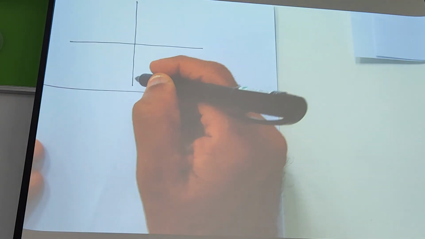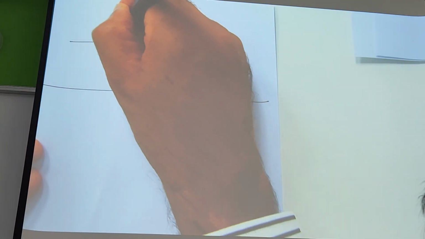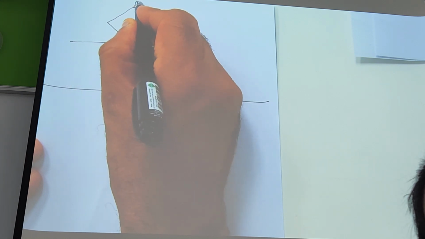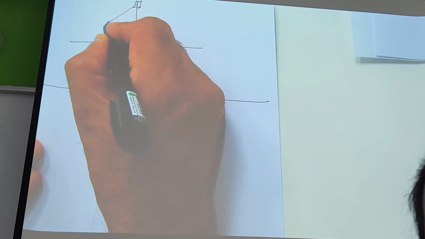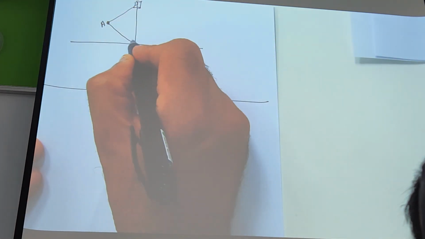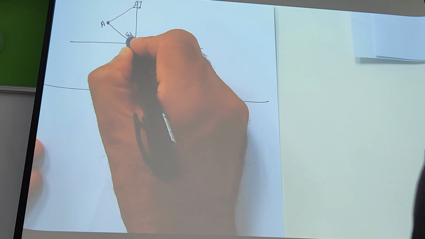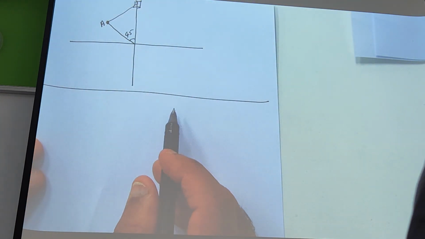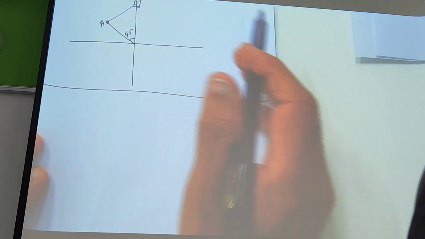So your part A is something like this. Okay, so for part A, just plot like this.